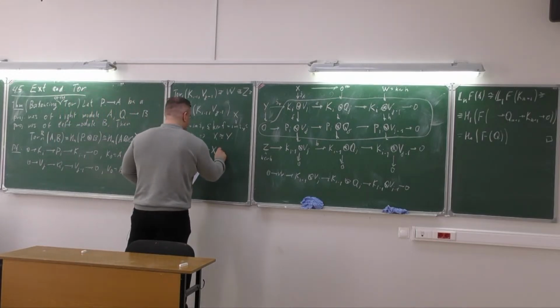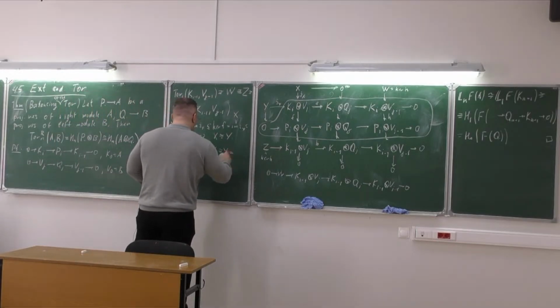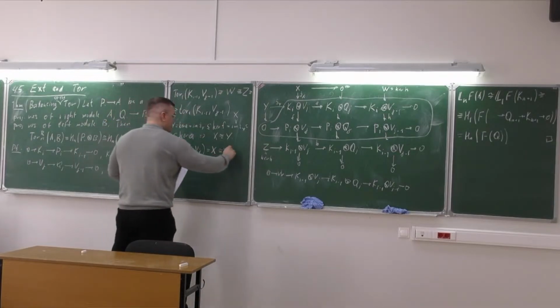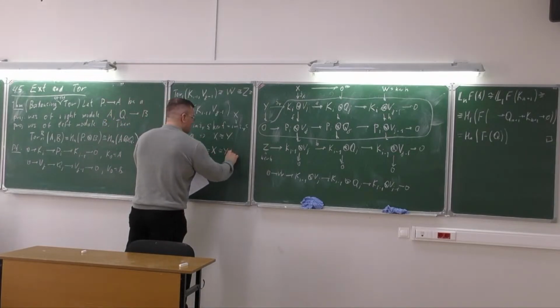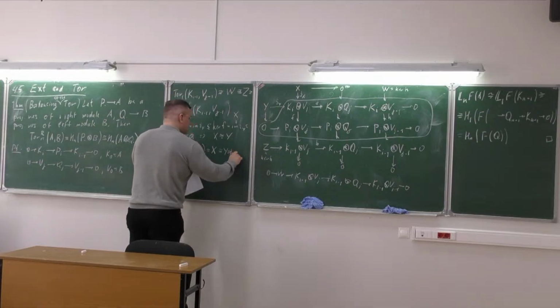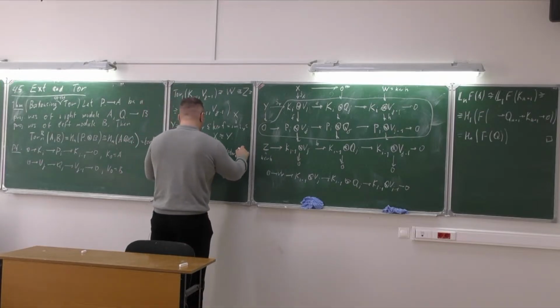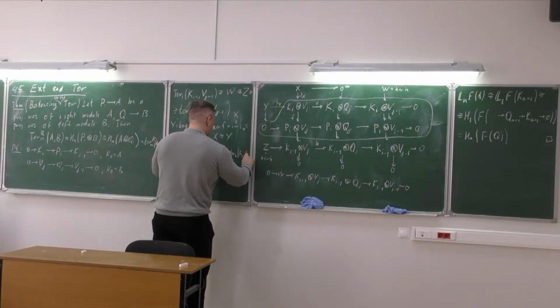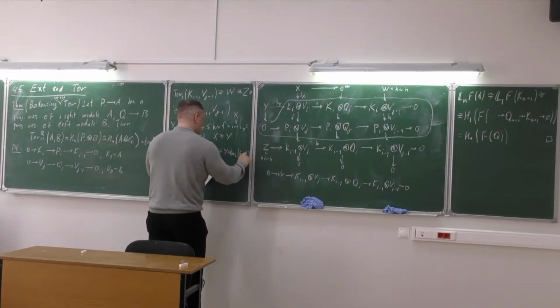And so I can identify this with Y, and Y, again, by looking at the diagram, is isomorphic to the Tor1 with a little t for the objects K_i and V_{j-1}.